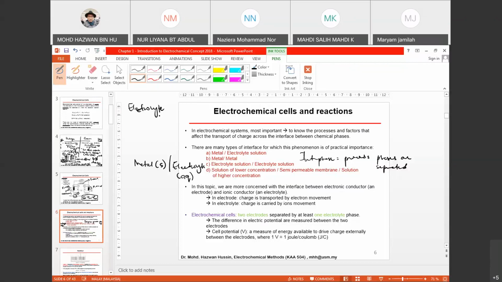What will be the requirement for electrolyte? Okay, so first, you know that it must be conducting. If it is not conducting, for example, you have salt.